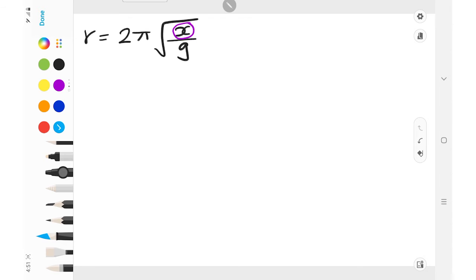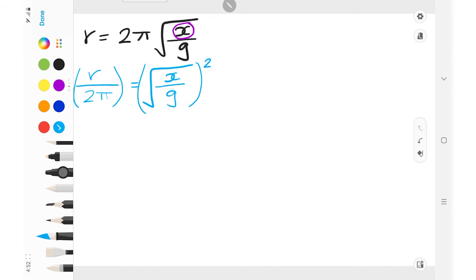I want to remove anything beside x. So r divided by 2 pi equal square root of x divided by g. To remove the square root, we will square the equation, of course, on both sides.